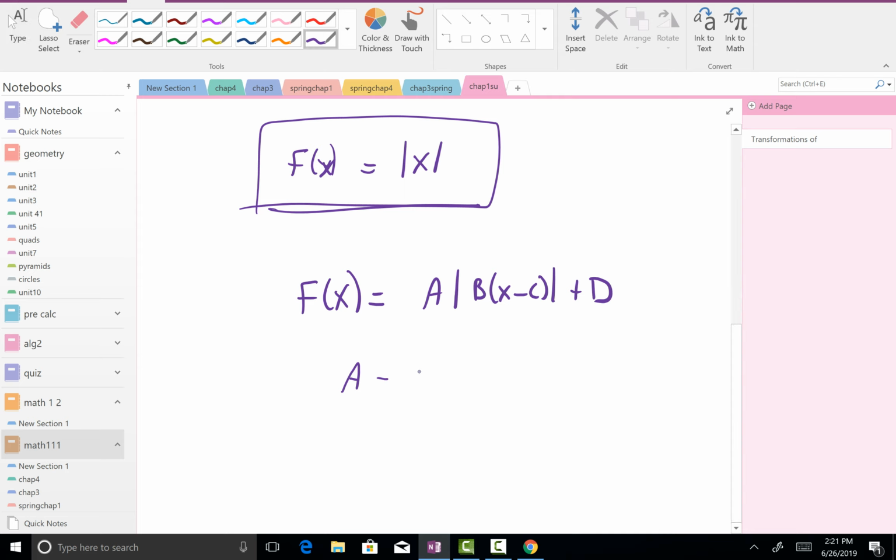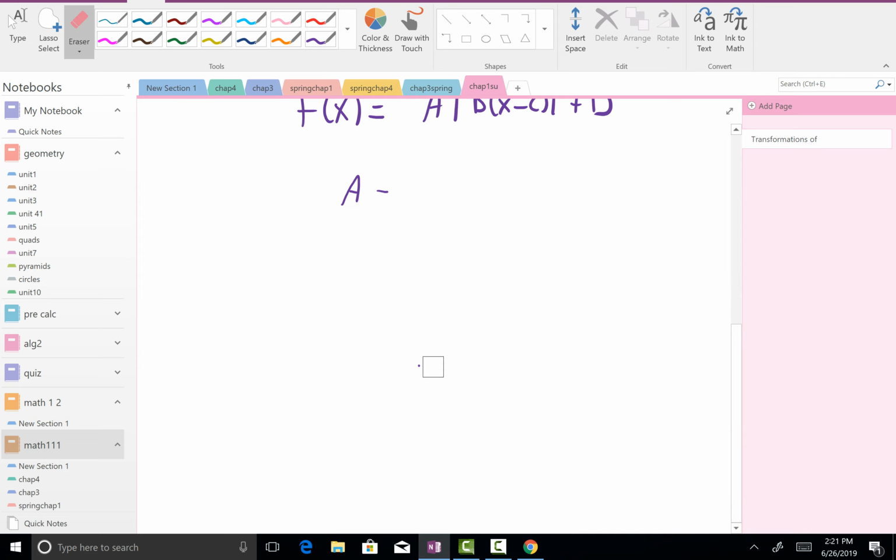A is a vertical stretch. So as A becomes larger, how about A increases? Let's do that.